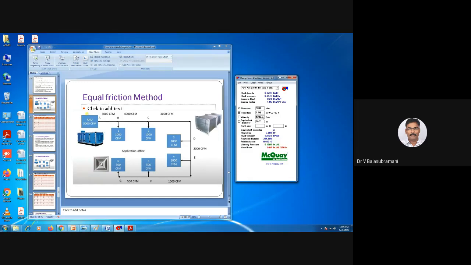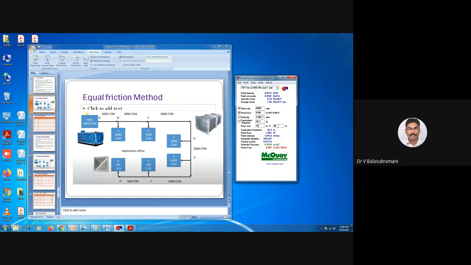So you will get the velocity 1286.7, and the equivalent diameter is 26.7 inch. That's not available. So one duct size is given as 14.